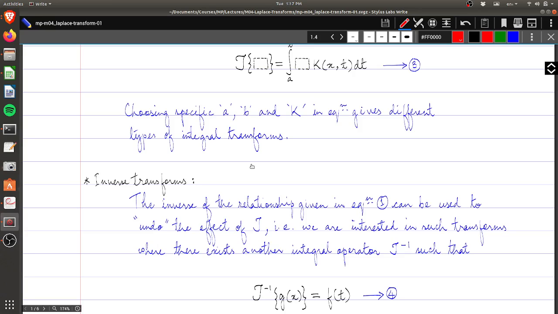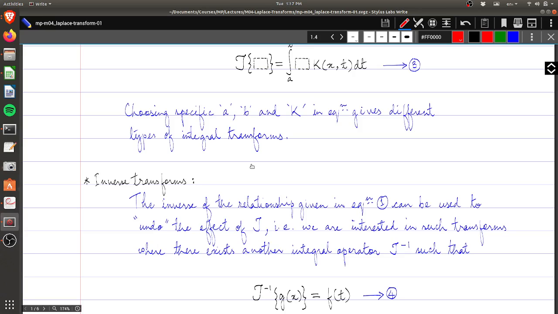But if we know g, can we find out f? To do that, we will need some kind of an inverse operation of this T, and that is called an inverse transform. The idea of the inverse is to undo the effect of the original transform. We are interested in such transforms where the inverse exists.